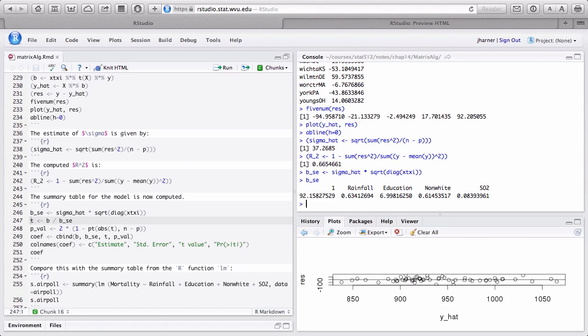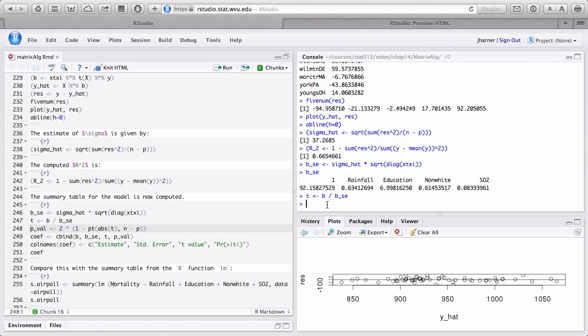So I can compute the t. I can compute the t as the ratio of the b to this. Now, both b and the standard errors are vectors, so it's doing element-wise division. When I say b divided, it's a vector divided by vector, the same length, and so it's dividing each corresponding element.